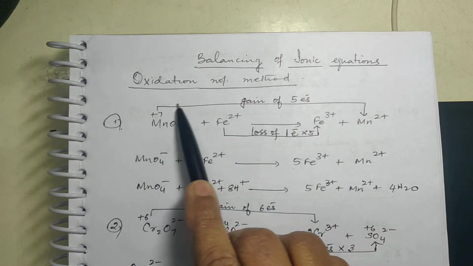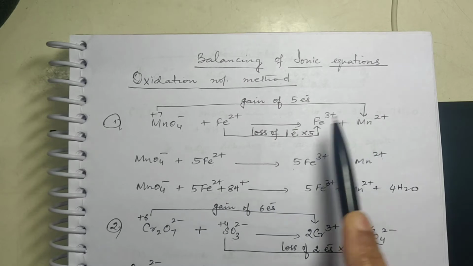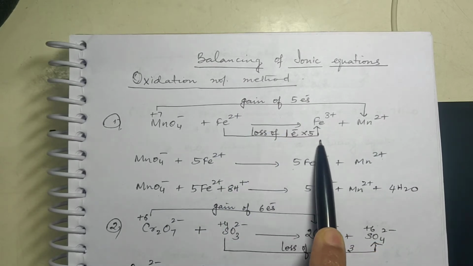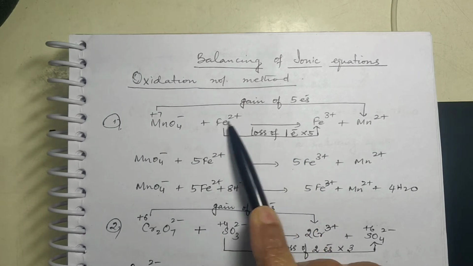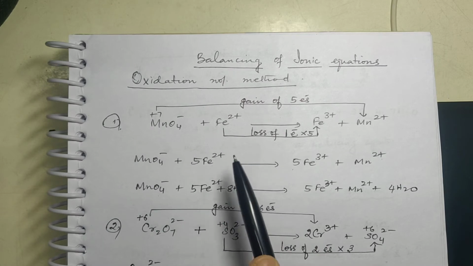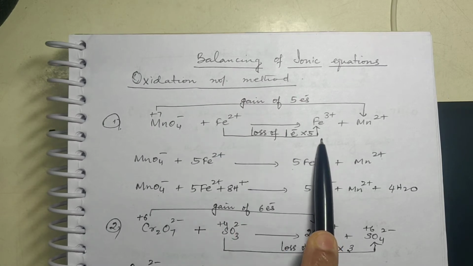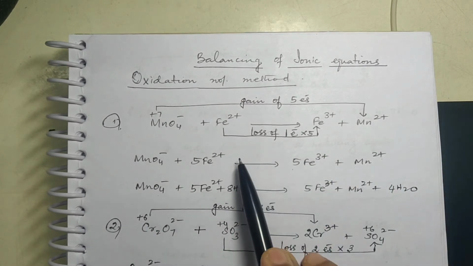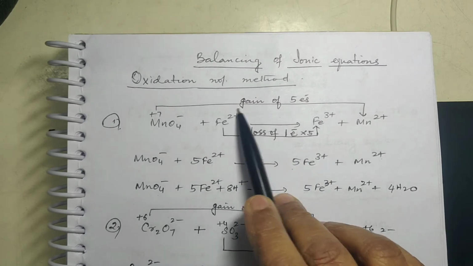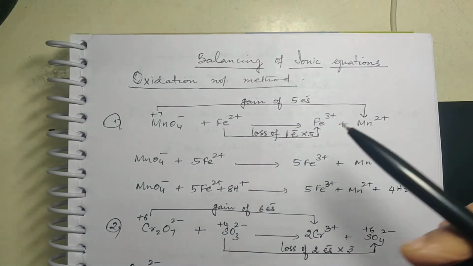So here the number of electrons involved is gain of 5 electrons. Then here it is loss of 1 electron, plus 2 to plus 3, that is Fe2 plus giving you Fe3 plus plus electron. You used to write it like this, so we will not show the electron, but you will write it in the form of loss of 1 electron and gain of 5 electrons like this.